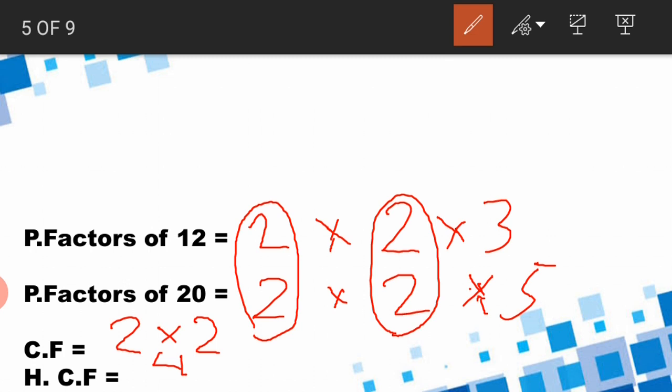In our previous lecture, we looked for the highest common factor, but in this method we have to multiply the common factors to get HCF. 2 2s are 4, so our HCF is 4.